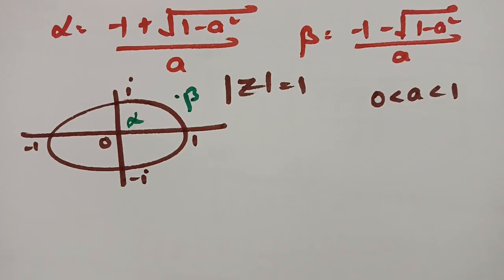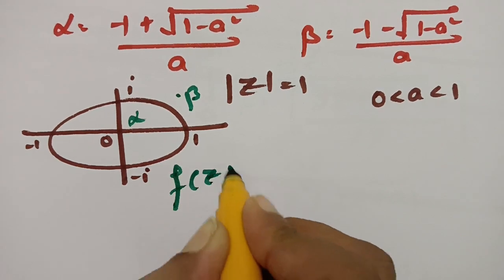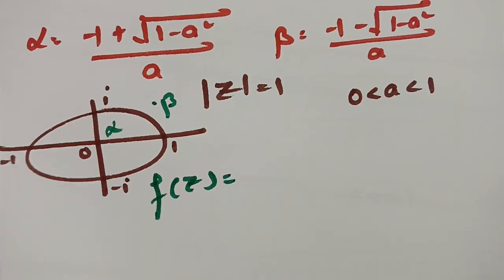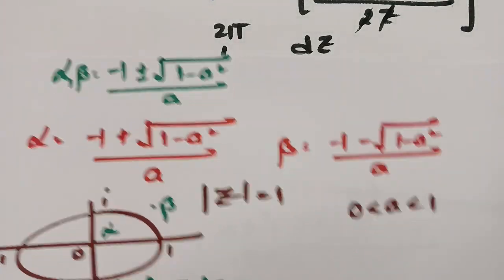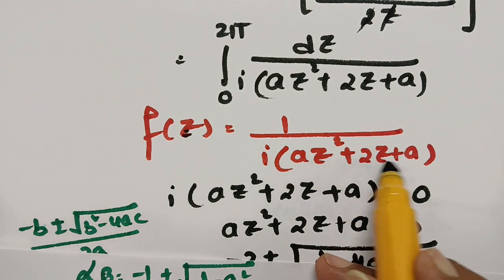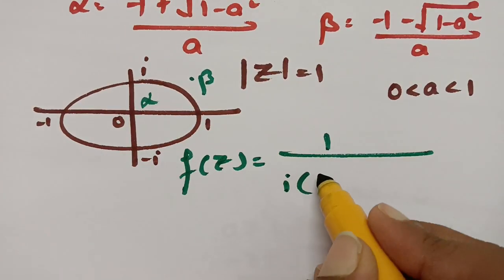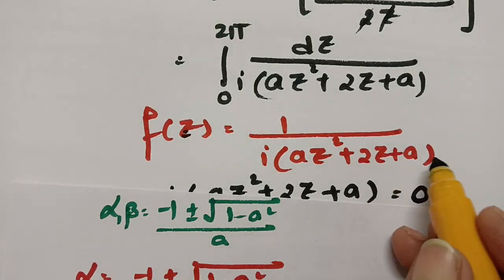Before finding the residue, I'll modify the function. So what is our f of z value? Just now I have shown, this is 1 by i times of (a z square plus 2z plus a).